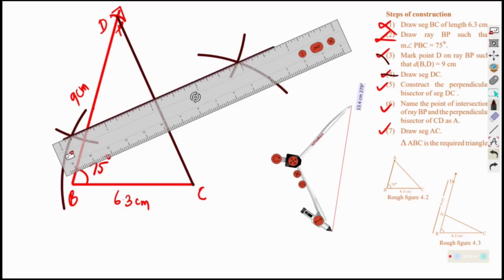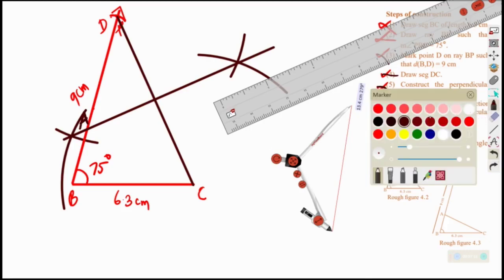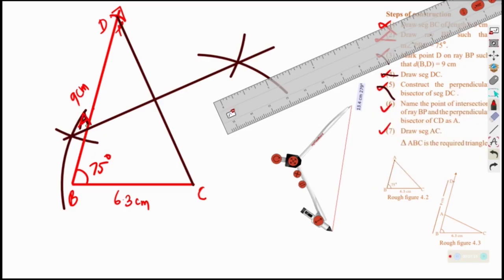Let me adjust the scale accordingly. Now it is the perpendicular bisector of the side DC, and you can see that it intersected a point at BD. That point is important to us, and that point we will mark as A, the vertex A of the triangle which we are making. Now we have to connect A with C to complete the triangle.